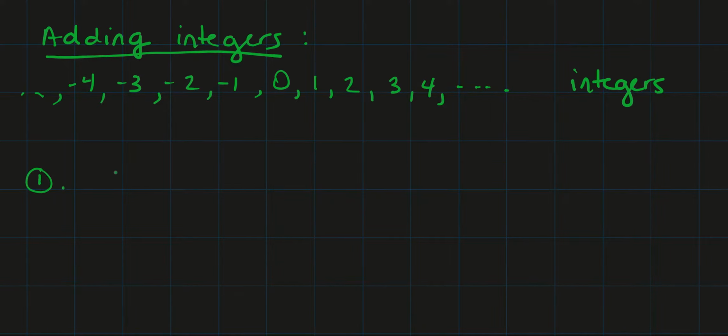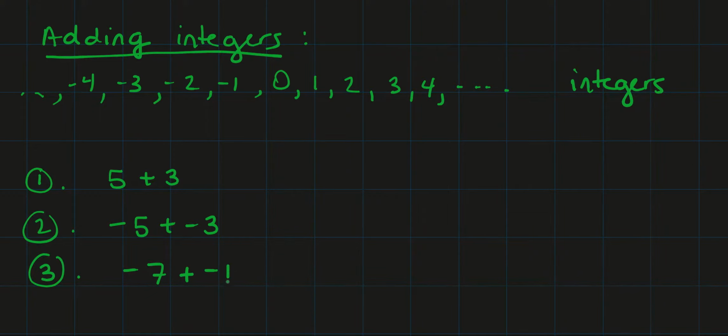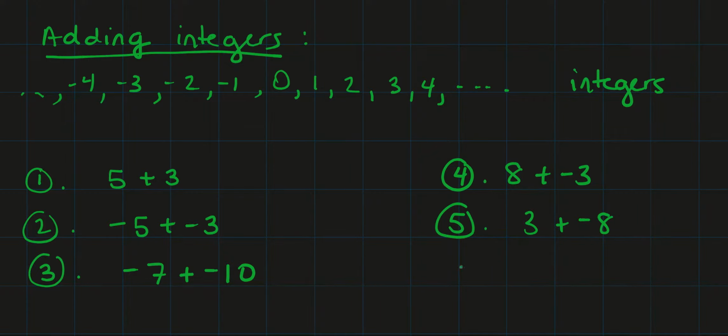Let's add the following: 5 plus 3, negative 5 plus negative 3, negative 7 plus negative 10, 8 plus negative 3, 3 plus negative 8, negative 2 plus 5, and then one more, negative 4 plus 1.